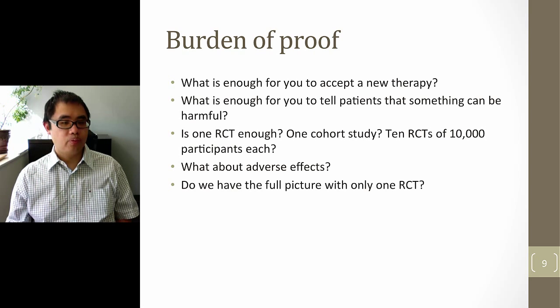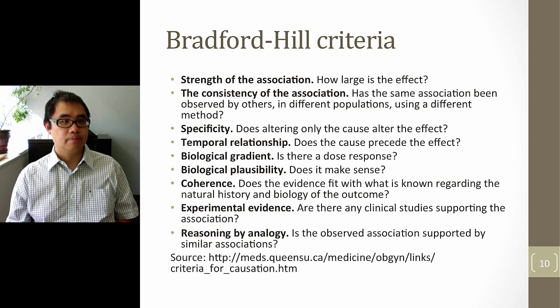And do we have the full picture with only 1 RCT? In answering this question, we can look at the Bradford-Hill criteria. These criteria look at causation. So we look at, for example, the strength of the association, how large is the effect, the consistency of the association. So this would be answered best with a systematic review.